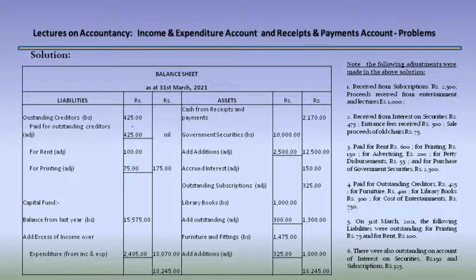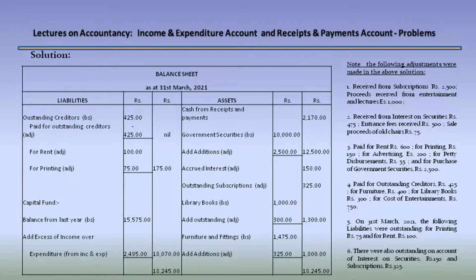On the asset side, cash from receipts and payments 2,170. Government securities from balance sheet 10,000, add additions 2,500, new purchases during this year, total 12,500. Accrued interest from adjustments 150. Outstanding subscriptions from the adjustment 325. Library books from the opening balance sheet 1,000, add additions from adjustments 300, 1,300.